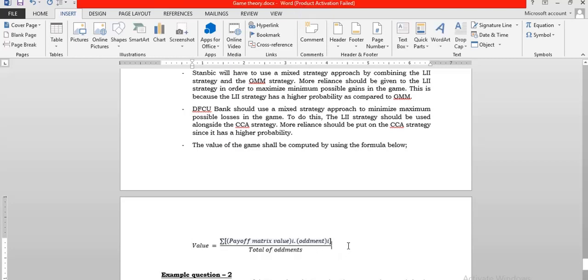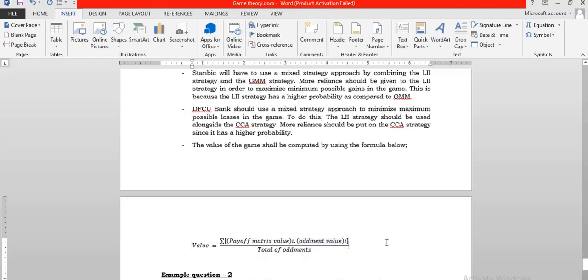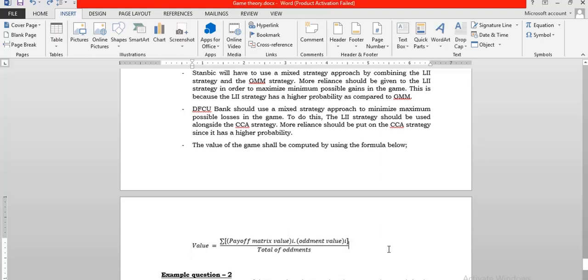This is what you're going to compute: the summation of the payoff matrix value times its corresponding oddment value, divided by the total oddments, for any row or column.